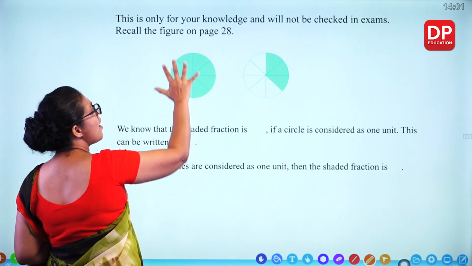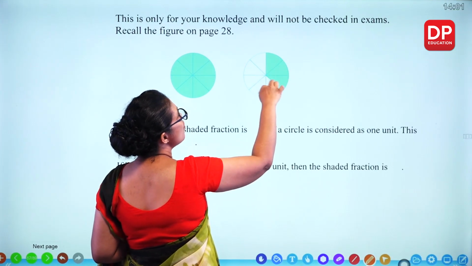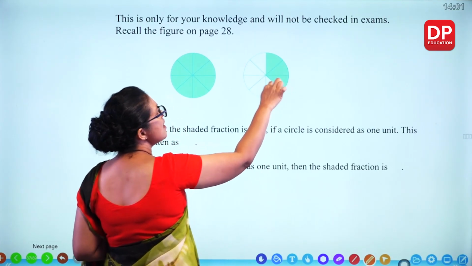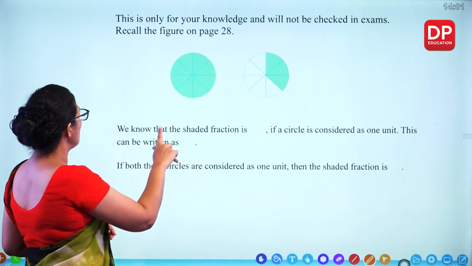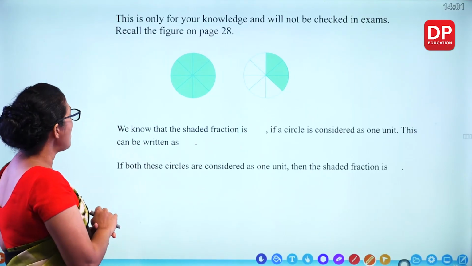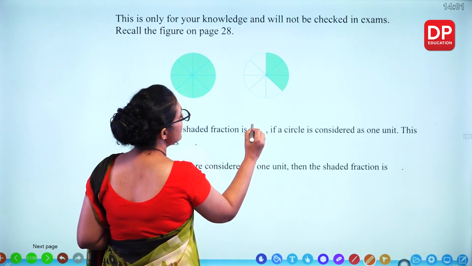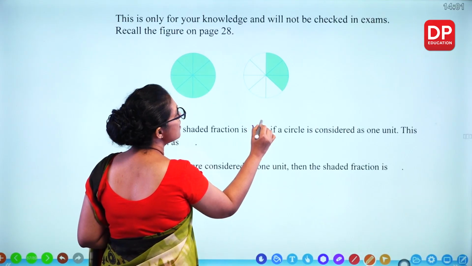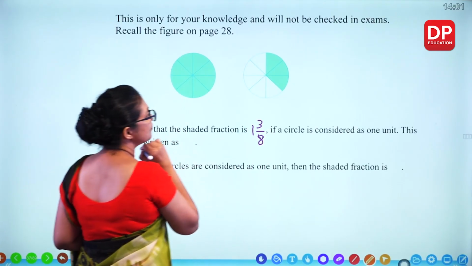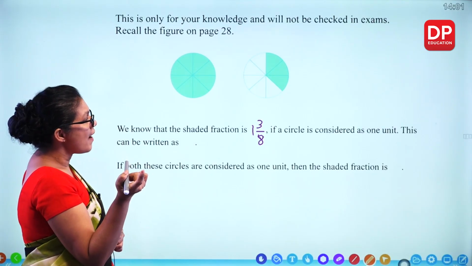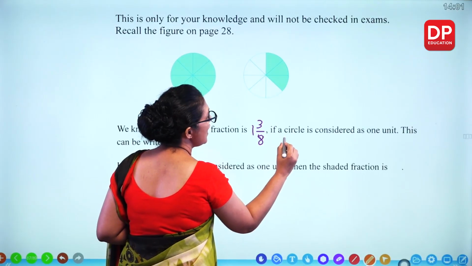If this is 1 unit, and what about this one? Out of 8 parts, this is 3 parts shaded. So what's the shaded part? Shaded part is 1 and 3/8. As an improper fraction, you can write 11 over 8 as well.